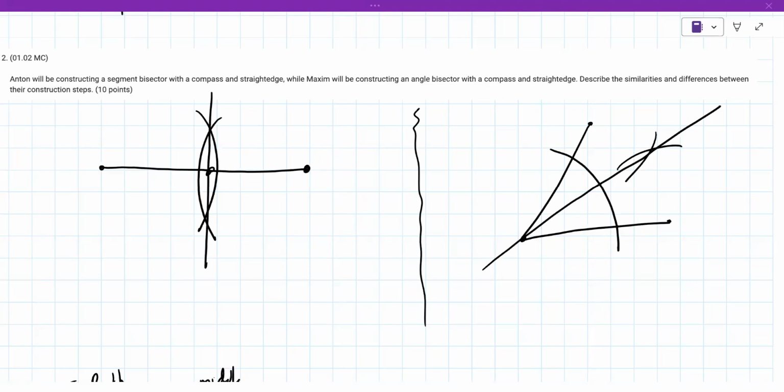Yeah, I guess that's what I thought would be one of the differences: bisecting a line segment gives two perfect 90-degree angles, whereas bisecting an angle would not. Right.